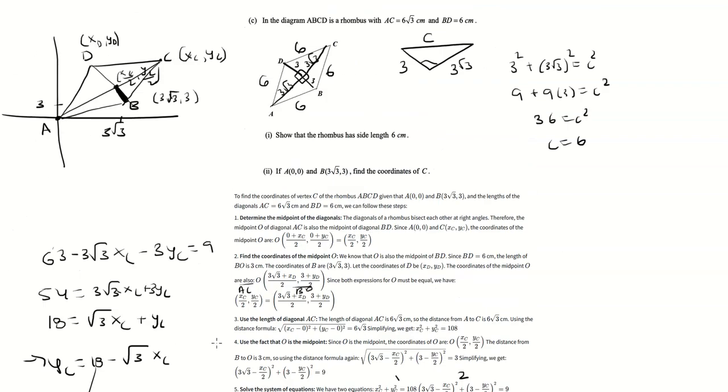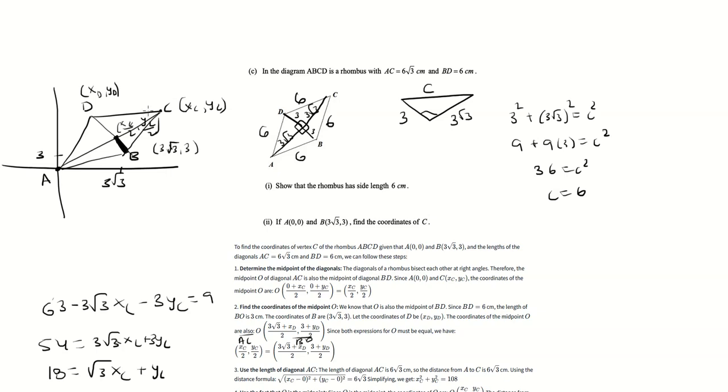Going back, yc equals 18 minus root 3 times xc. If you plug in 6 root 3, this gives you 0. And clearly yc cannot be 0; it's clearly greater than 0.